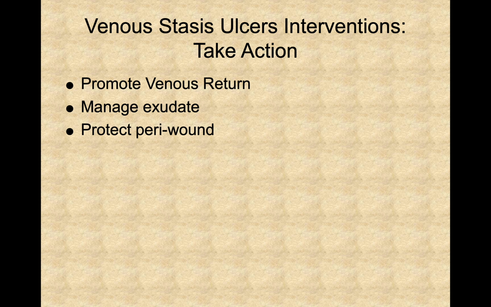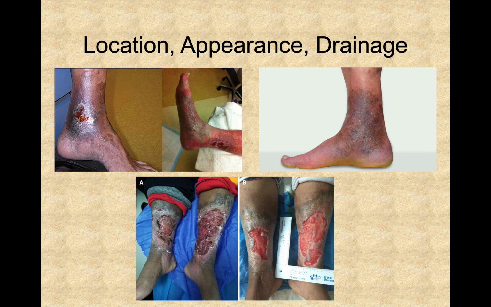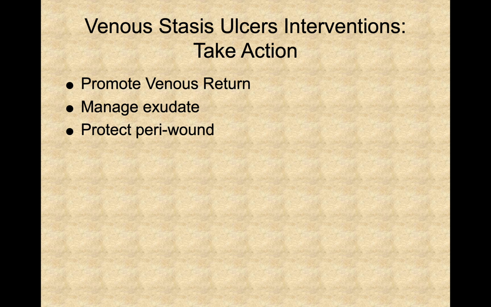Now, with those wounds, you couldn't put SCDs on those patients, and I don't even think, especially those four legs on the bottom, you would want to put a TED hose compression stocking on. But maybe the patient in the upper right-hand picture, that patient clearly has vascular disease. That patient, I might recommend that they wear pressure stockings to help promote venous return so that they don't even develop a venous stasis ulcer, fingers crossed.